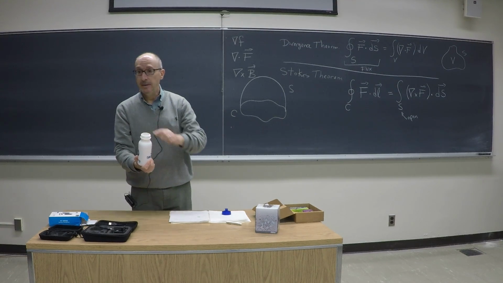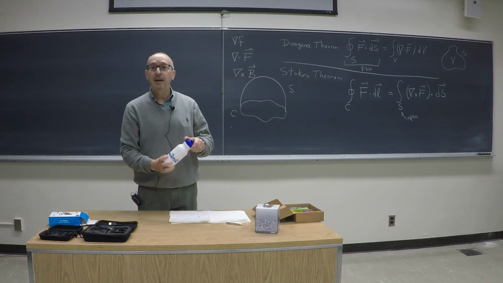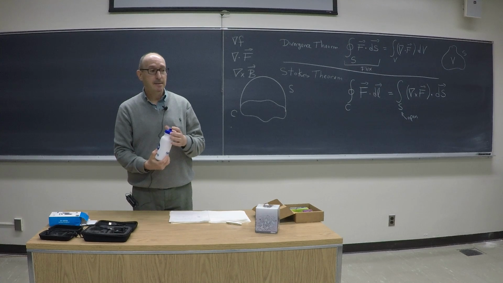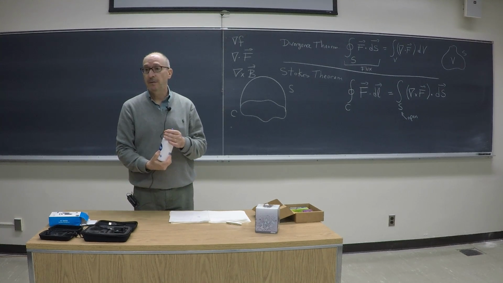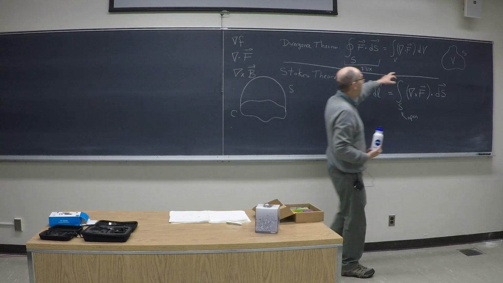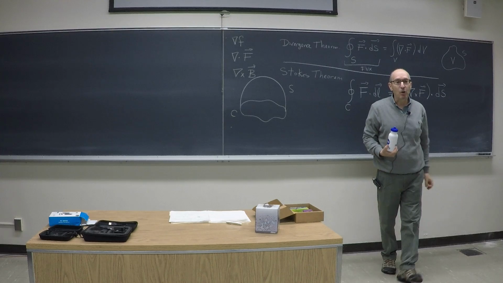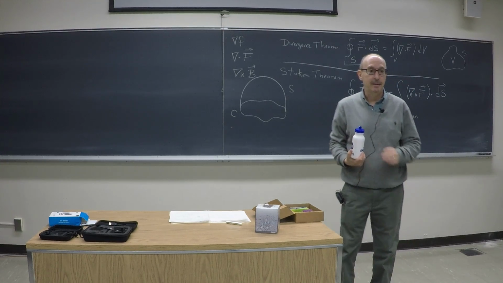Clear? All right, so it's very clear from this description that given a curve C in space, there are infinite surfaces S that have the same boundary C. Correct? That is not true in the previous case. Given a closed surface, there is only one volume inside.